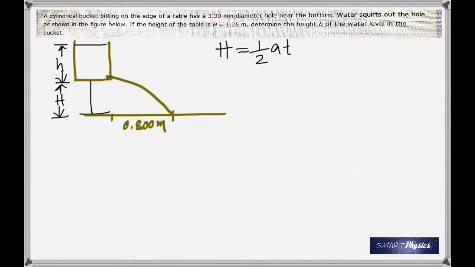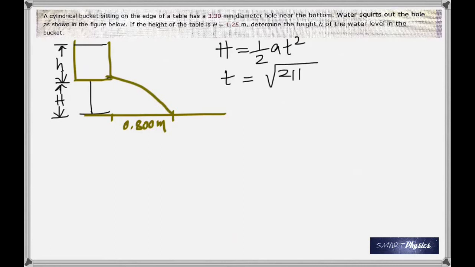Using the equation, h is equal to 1/2 a t squared, because the initial vertical velocity is 0. It's coming out completely horizontally, so the initial vertical velocity is 0. To find t, we use h is equal to 1/2 a t squared, where obviously a is 9.8.